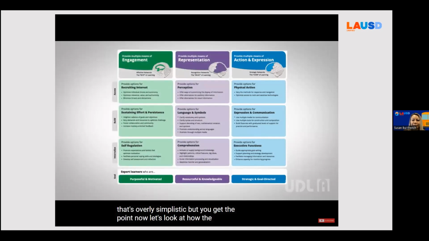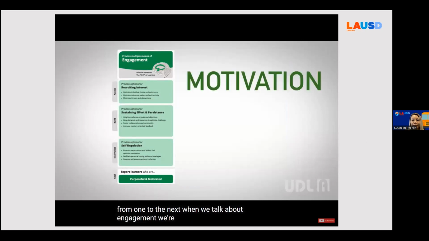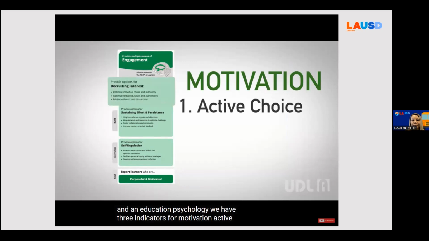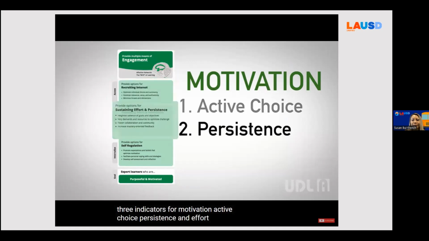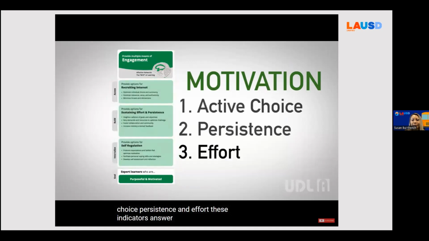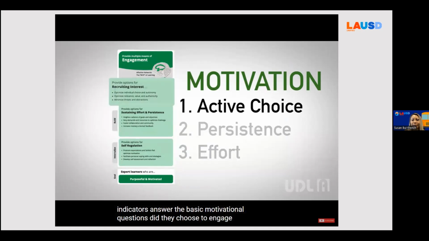Now, let's look at how the guidelines in each principle progress from one to the next. When we talk about engagement, we're looking at motivation. And in education psychology, we have 3 indicators for motivation: active choice, persistence, and effort. These indicators answer the basic motivational questions: did they choose to engage?